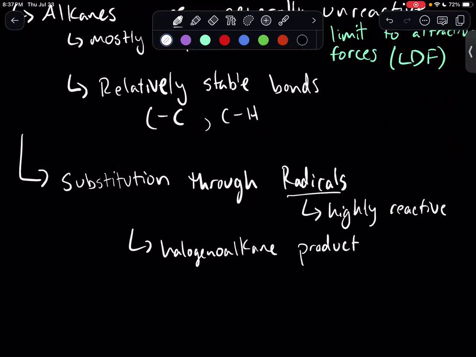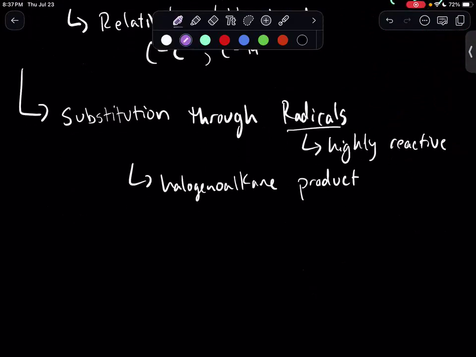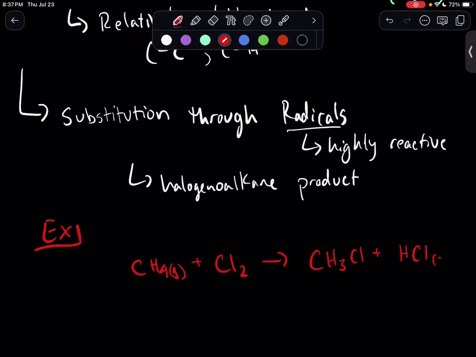So let's go ahead and look at just a sample reaction. We might have something simply like methane, which we know as CH4 gas, and it can react with chlorine. And there are many steps involved, but we'll just cut straight to the chase, and we will make CH3Cl, chloromethane, plus hydrochloric acid.